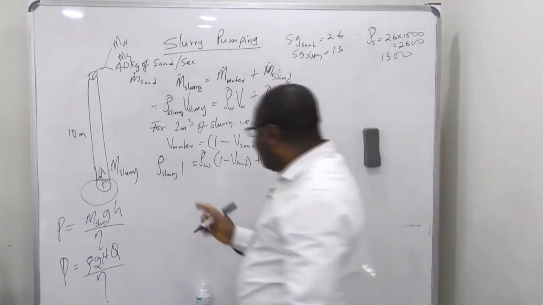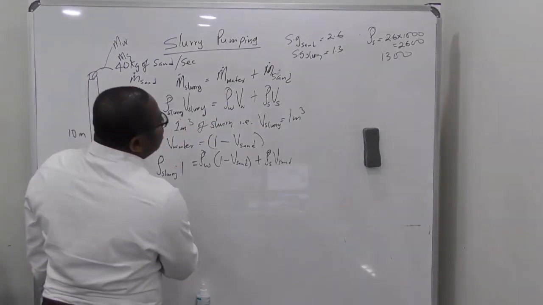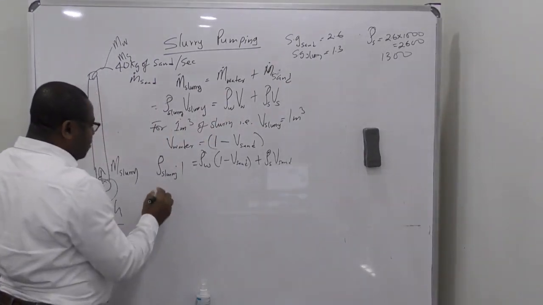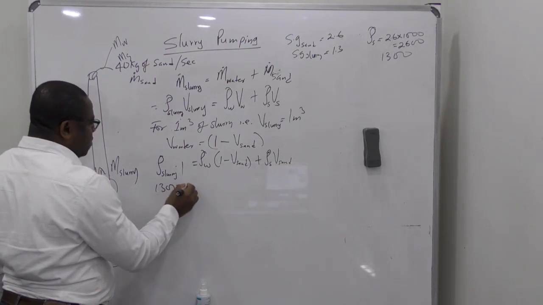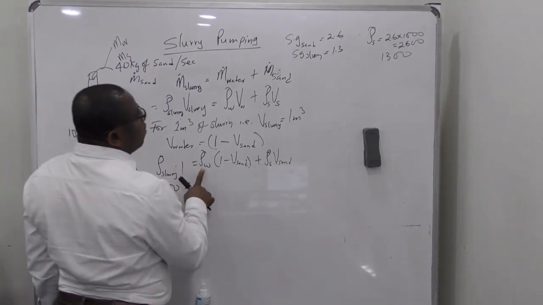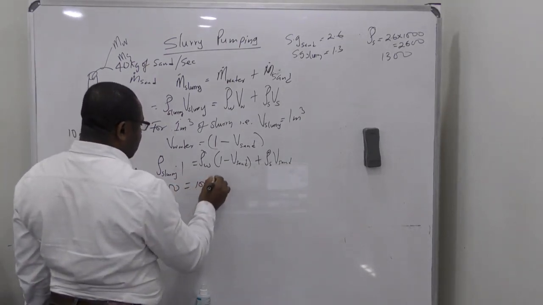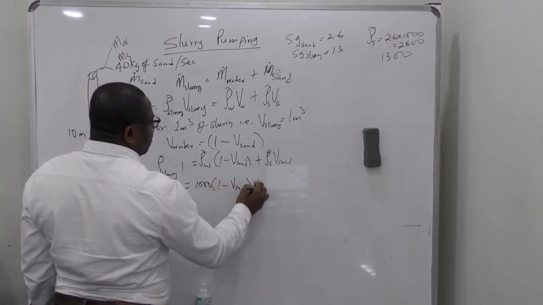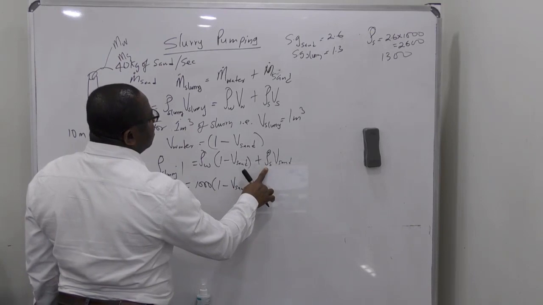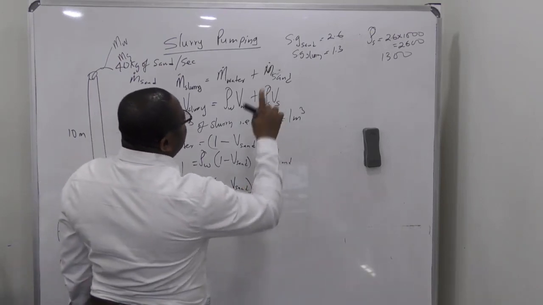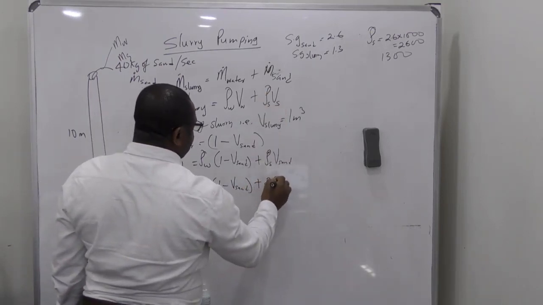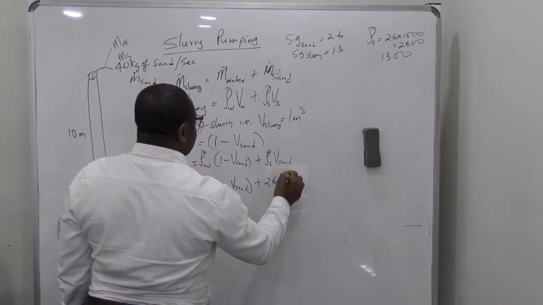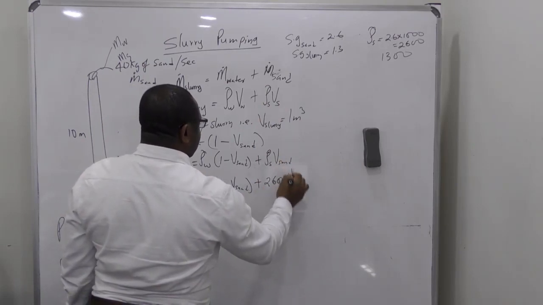Let's put what we have. Slurry density is 1,300. Density of water is 1,000 times (1 minus V sand), plus density of sand, which is 2,600, times V sand.